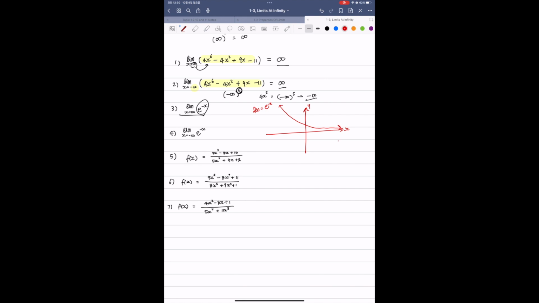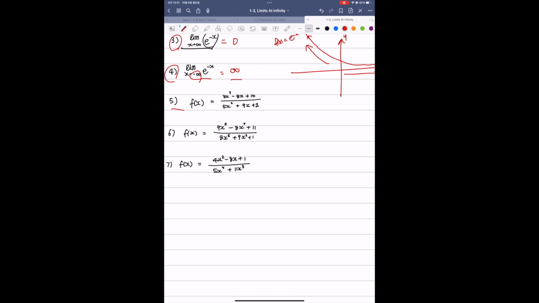By looking at this graph right over here, we can see that for number 3, it is 0, because you have to look at the end behavior of this function, and we know that it is heading to 0. Same with here. We're looking at negative infinity of the function, which is here, and we know that it is infinity. It is endlessly going up and up and up. Therefore, it is infinity.